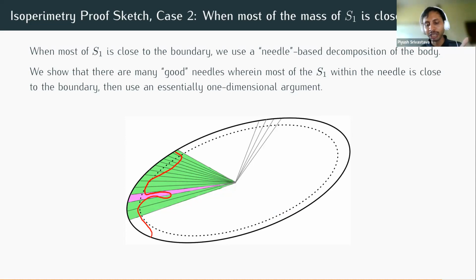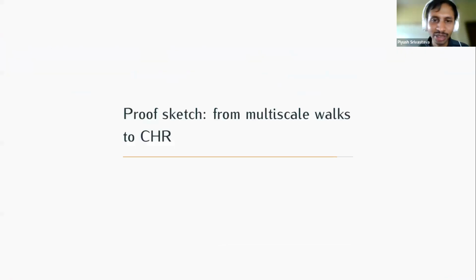It says that if there are two integral inequalities, by which I mean things like the integral of f is positive and the integral of g is positive, and both of them hold on the body, then they will also hold on some needle. The failing of an isoperimetric inequality can be written like that. But here we are not using that, because we have to take all these specific needles and prove it by hand for them.